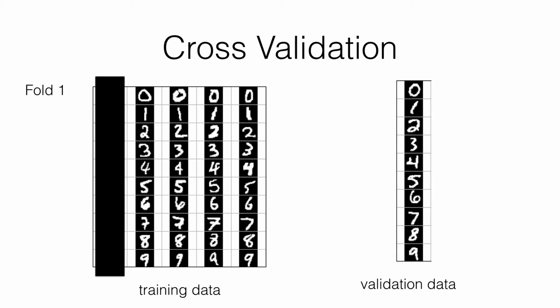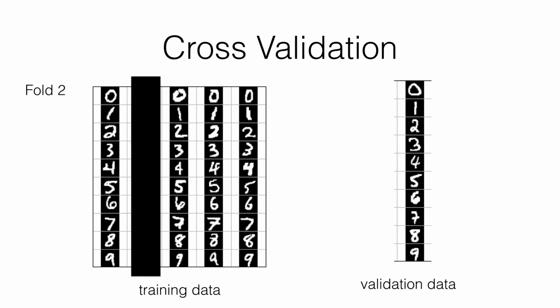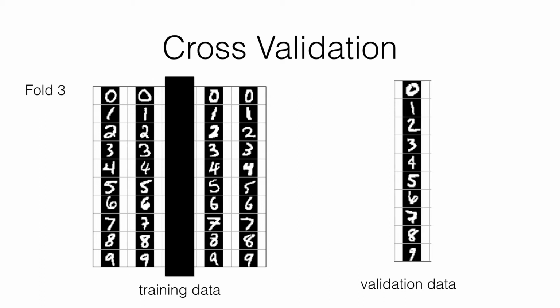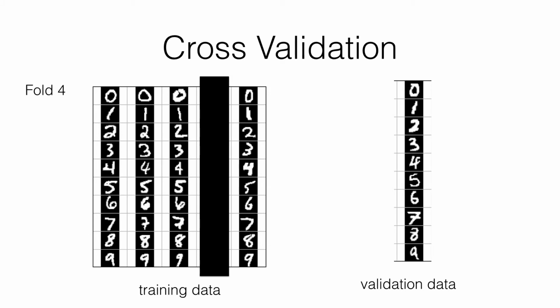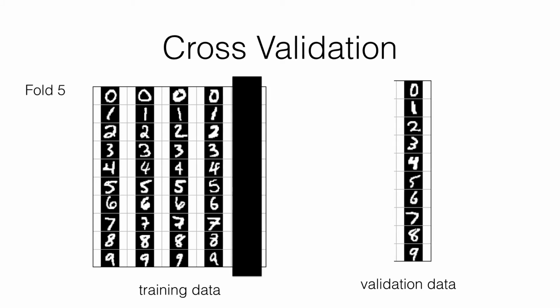So maybe this time we hold out the first fifth of the data, and we train on the rest, and then we test on that first fifth. Then we hold out the second fifth of the data, we train on the rest, and we test on that second fifth. Then we hold out the third fifth and test on the third fifth. Then we hold out the fourth fifth, test on the fourth fifth, and then hold out the final fifth and test on that.